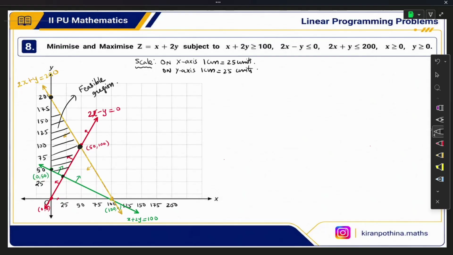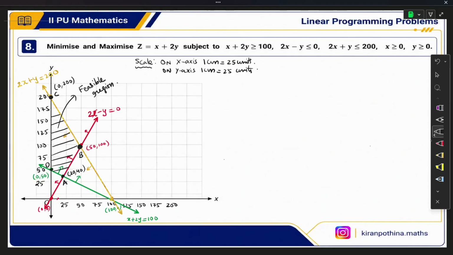Those 4 points I will name: let this be point A, point B, point C as well as point D. Out of the 4 points, we know 0 comma 50, this is 0 comma 200, point B is 50 comma 100, and point A is 20 comma 40.